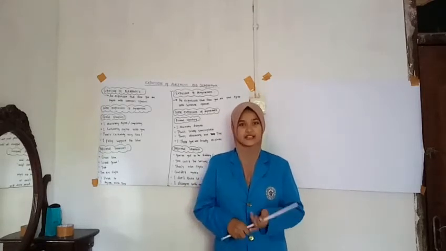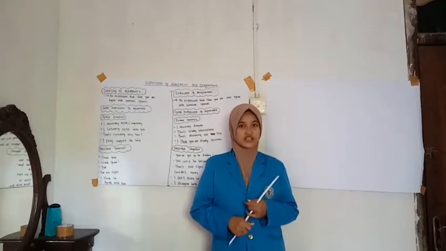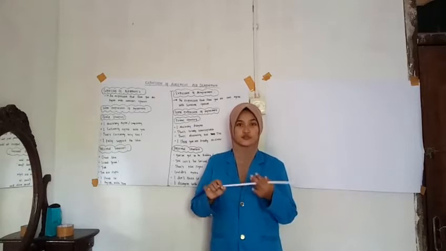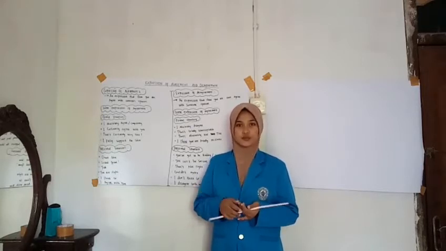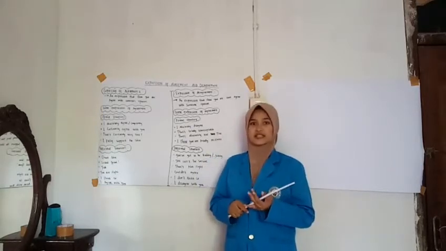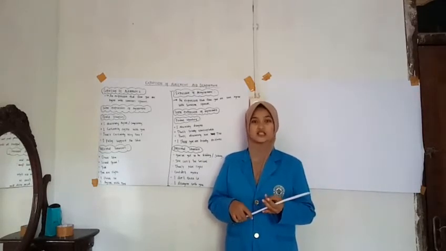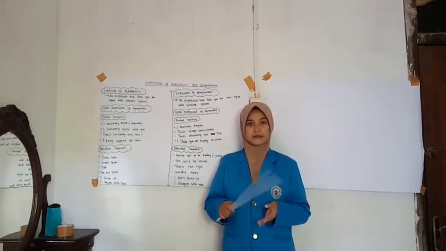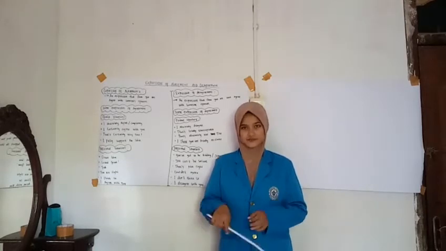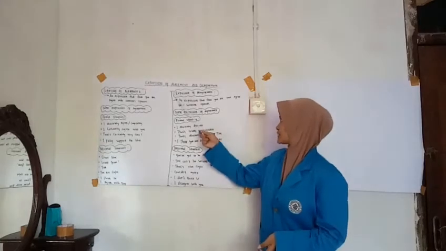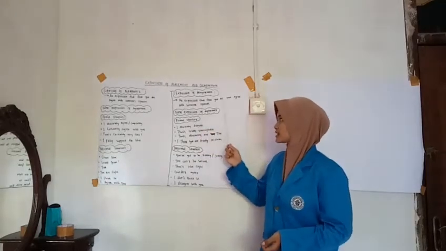And then informal expressions are used when you are talking with your friends or close friends. It is usually used to respond to something in an informal situation, for example, at a party. Okay, let's move to expressions of agreement and disagreement.